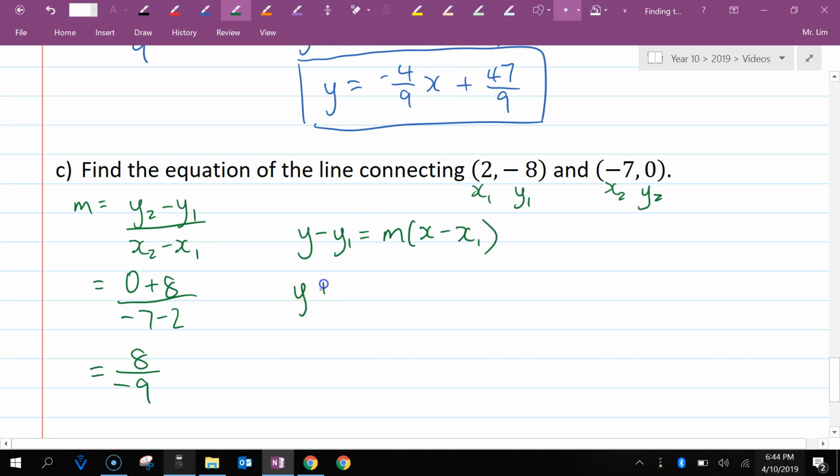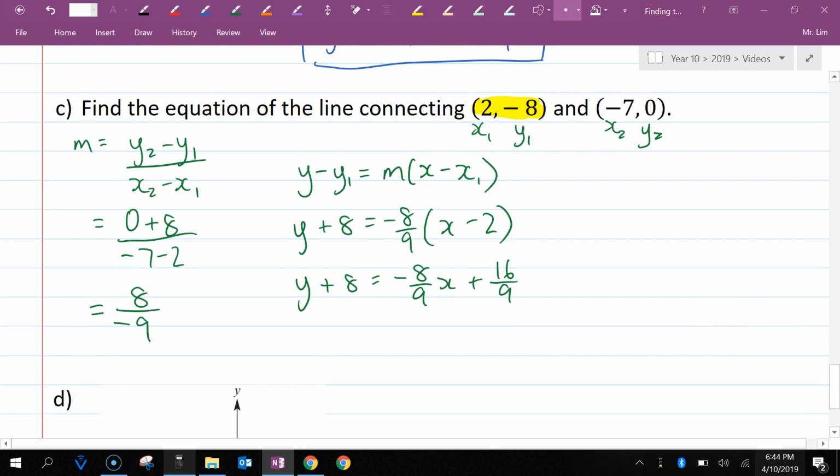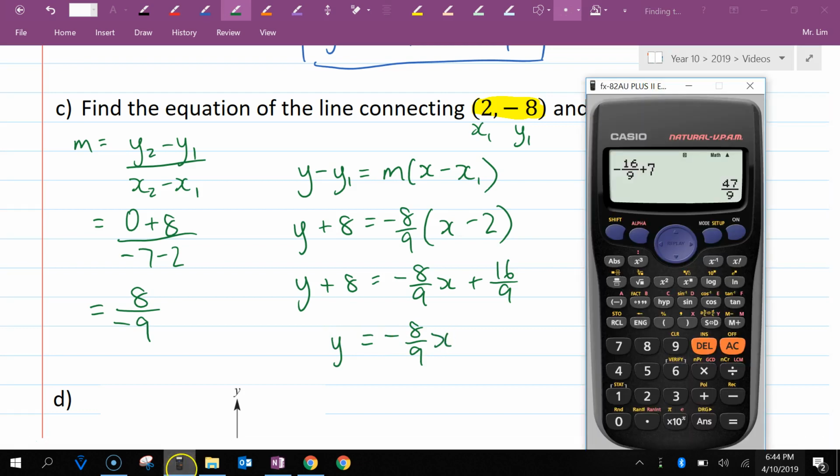Y plus 8 is equal to negative 8 over 9 bracket x minus 2. So you can see here I used this one. Okay, expand the brackets. Y plus 8 is equal to minus 8 over 9x plus 16 over 9. And now we can subtract 8 from both sides. Y is equal to minus 8 over 9x, and what is 16 over 9 minus 8 is minus 56 over 9.